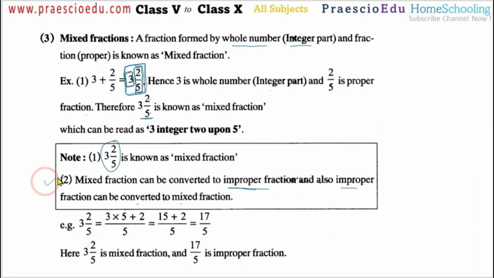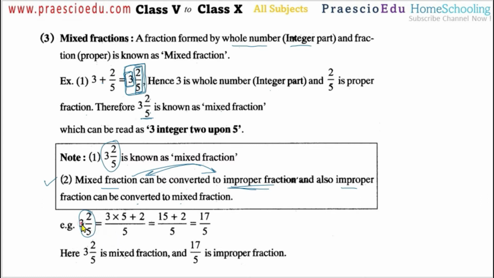This is very important, the conversion between improper and mixed fractions. From here to here, and also from here to here, we are going to see. Now this is a small example, 3 integer and 2 upon 5. This is a mixed fraction and we have to convert it to an improper fraction. Improper fraction means the numerator is greater than the denominator.